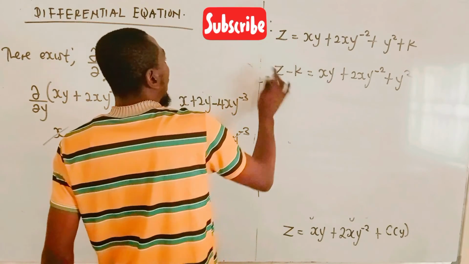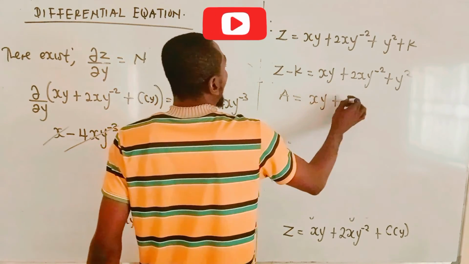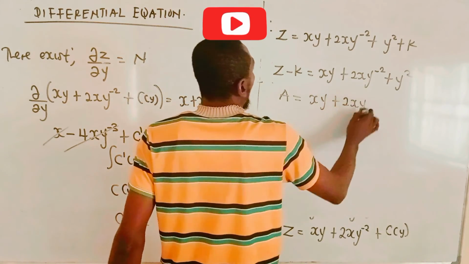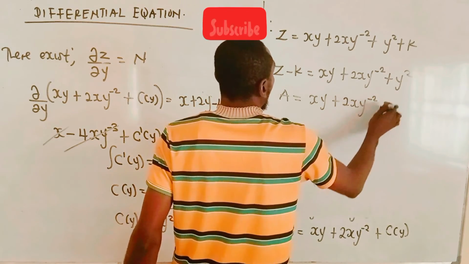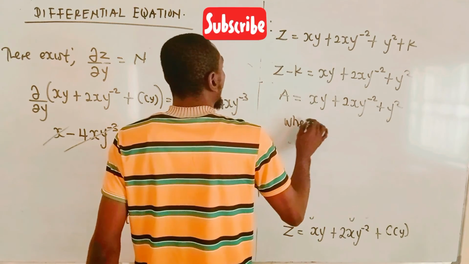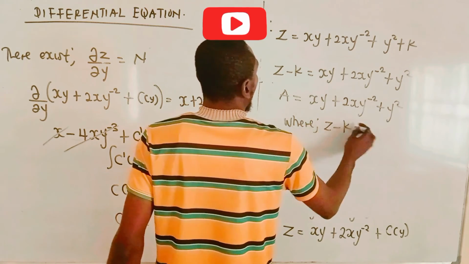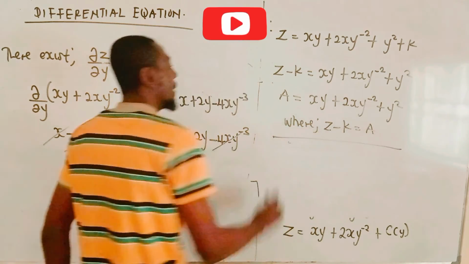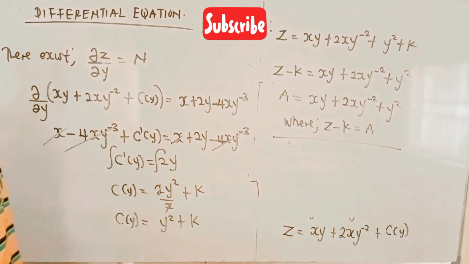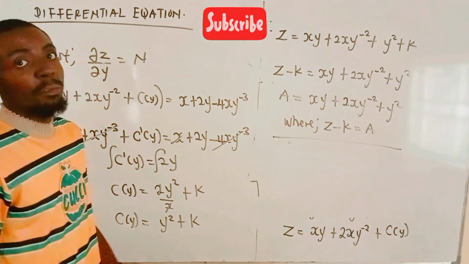Then replacing z minus k with a constant a, we have xy plus 2x y raised to the power minus 2 plus y squared equals a. So that's the solution to the non-exact differential equation.